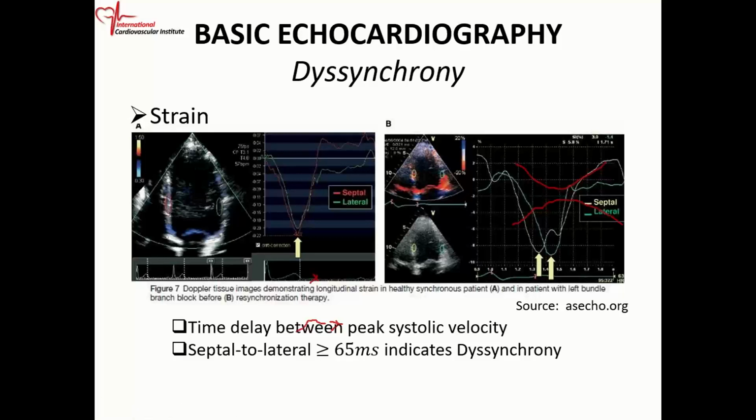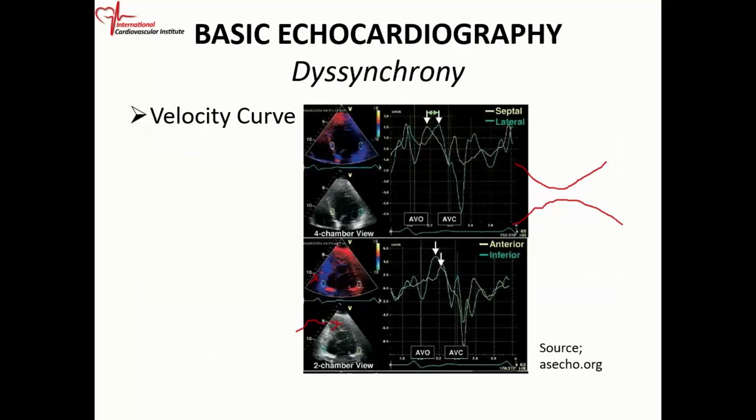So all the methods that we have used show that you're supposed to have a contraction occurring at the same time. So if the contraction is not occurring at the same time, that's when you have dyssynchrony. And whatever velocity curve you're going to use, the same thing. The peak is supposed to occur at the same time. Okay?